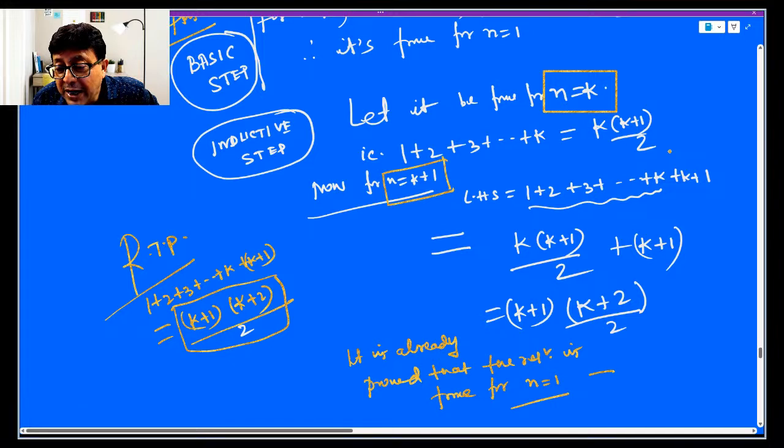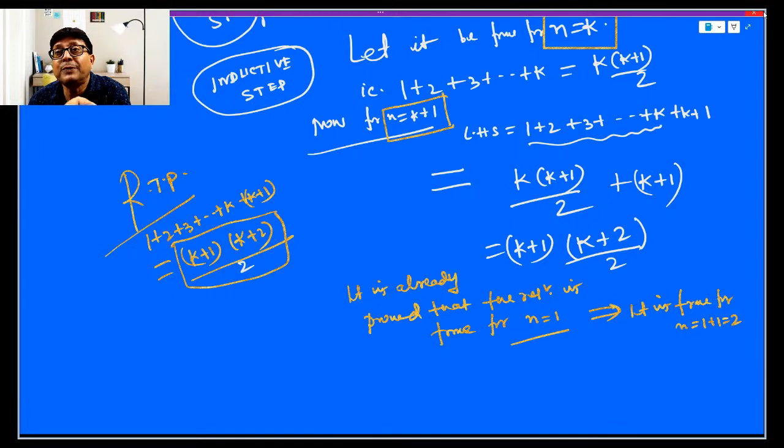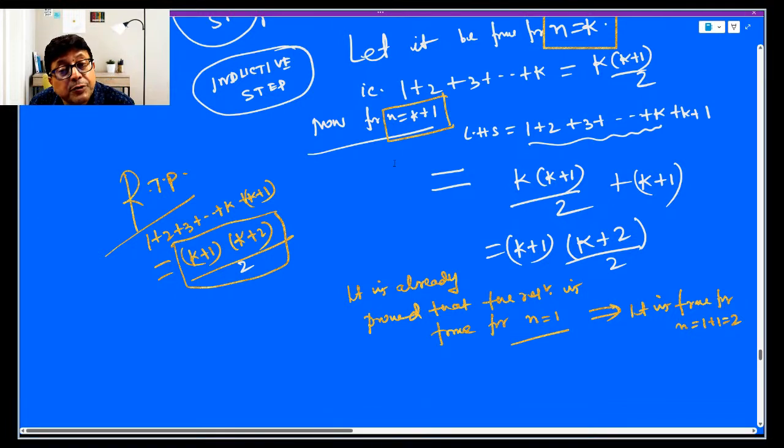So this implies that it is true for n equal to 1 plus 1, that is 2. Then how to get the next one? Because you have proved that if true for n equal to k, it will be true for k plus 1 also.